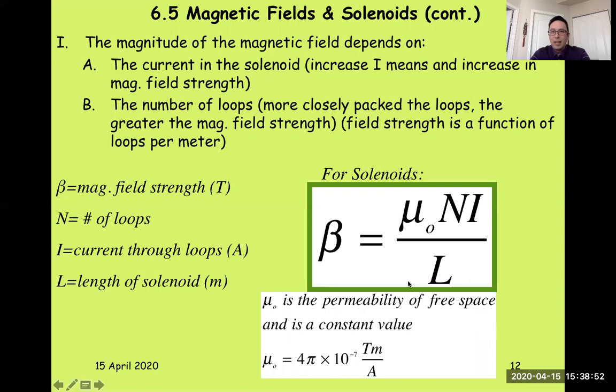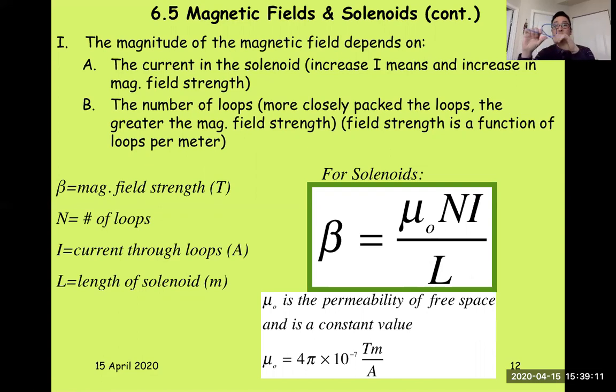And that L is the length of the solenoid, because you can imagine, I could take a loop like this, and it has just one loop.